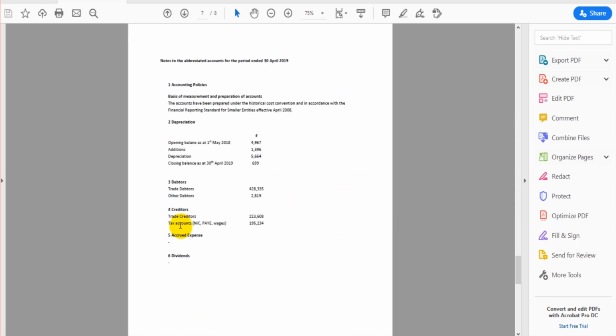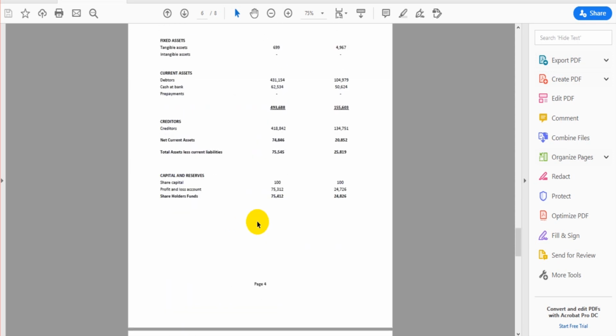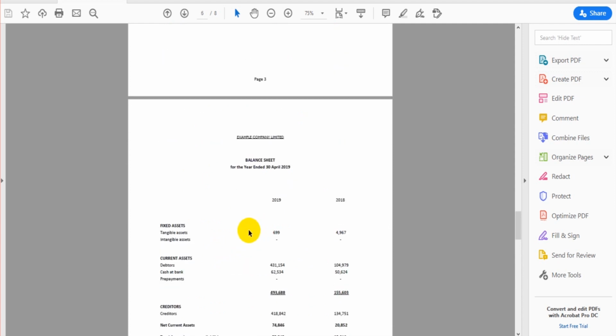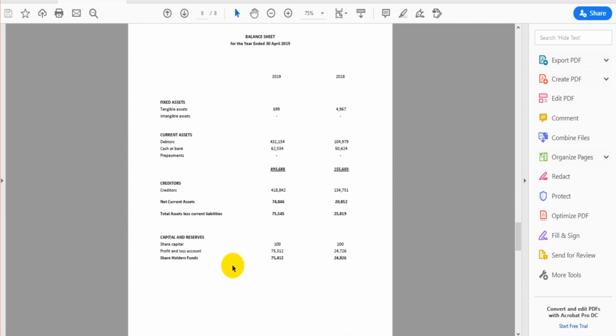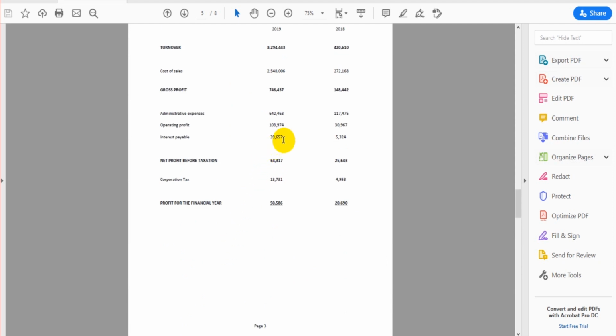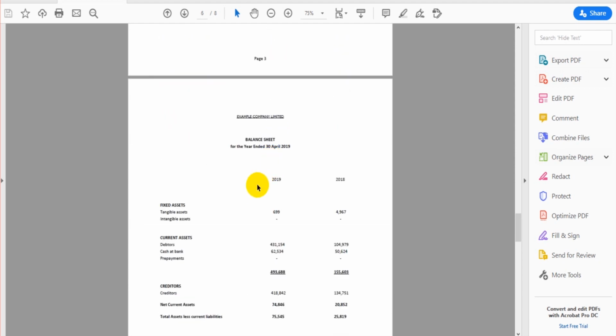If we go down, you can see that most of that is trade creditors or money owed to suppliers, through wages, things like that. There's no bank loan there. So if a company doesn't have a bank loan, and it would need quite a significant bank loan in order to be paying $40,000 in interest, doesn't have a mortgage or anything like that.